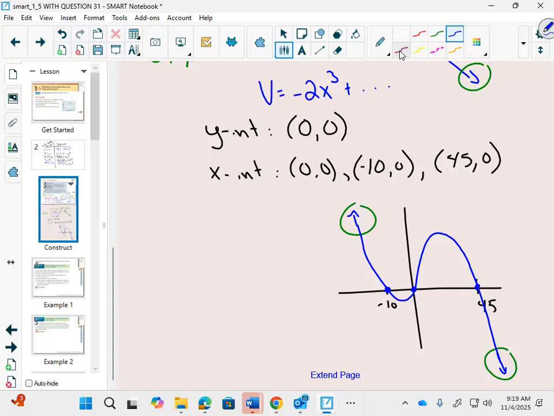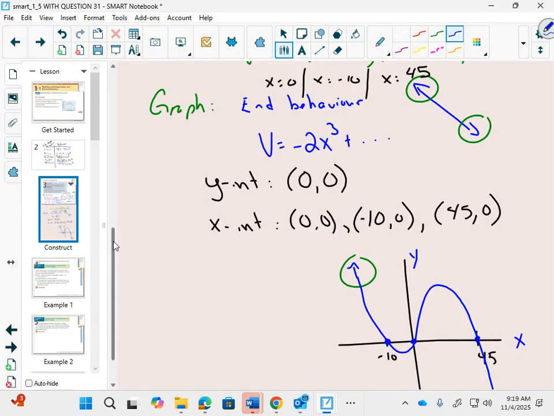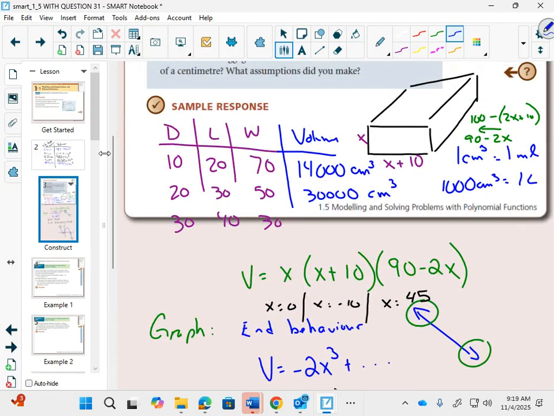Now, this is the graph for all of x, because a polynomial is usually defined for all the domain. But when you're working with a word problem, there are only some things that make sense. For example, if this is my x and this y stood for volume, what was x originally? It's the depth or the height of your suitcase.